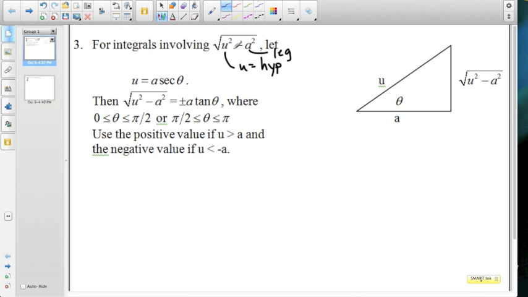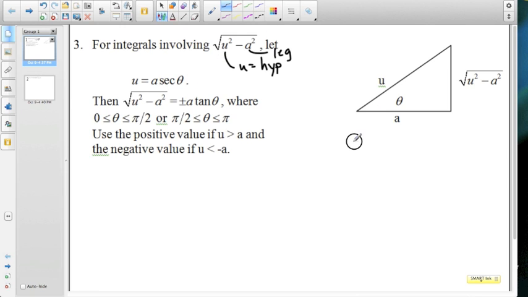And so that means the u is on the hypotenuse, and we typically like to put the constant on the adjacent leg. It just makes for a nicer substitution in terms of substituting out in terms of secants and tangents, and again for setting up that ratio.